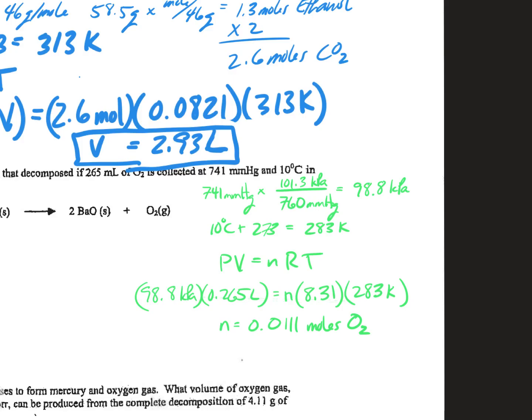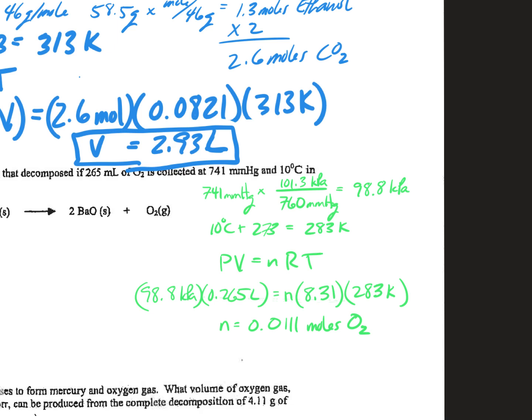Okay, so what I've done here is I've converted to kilopascals. Why? Because I forgot what the R value is for using millimeters of mercury. So what? No big deal. I just converted it to a different pressure unit. I converted 10 degrees Celsius to Kelvin. We are now going to use PV equals nRT.